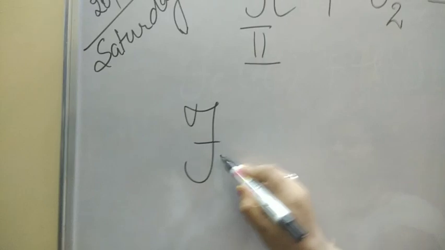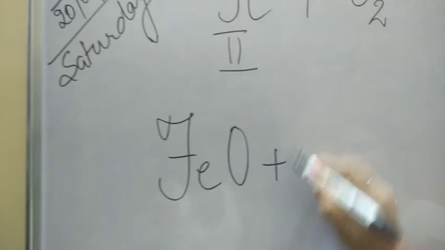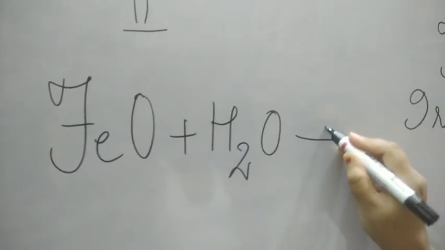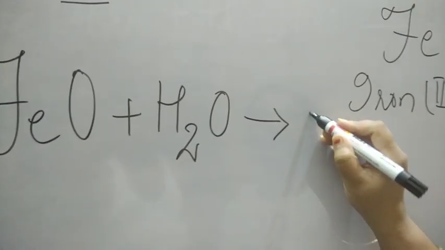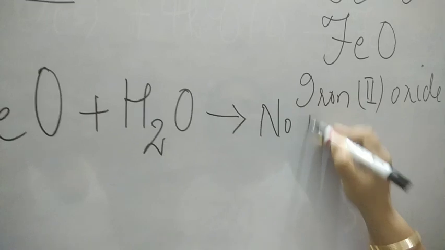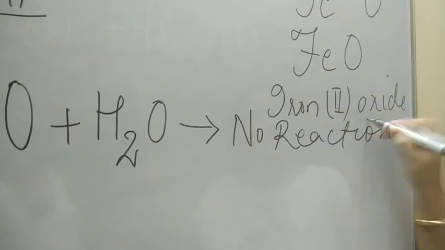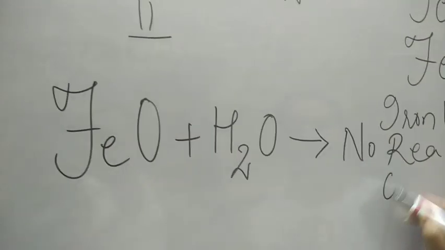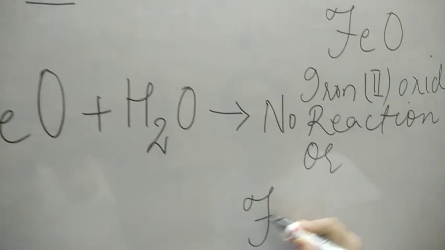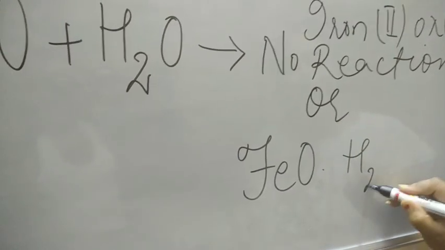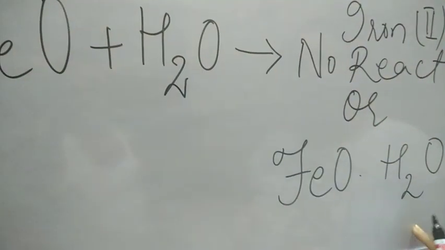So you will take FeO plus water, and your answer will be no reaction, or FeO.H2O. Exactly the same you will copy down.